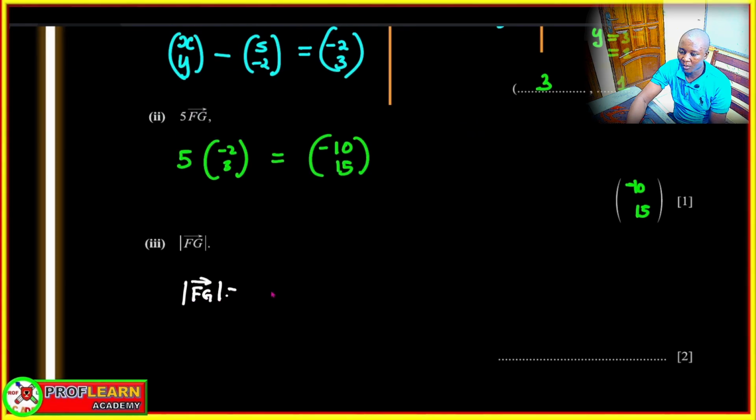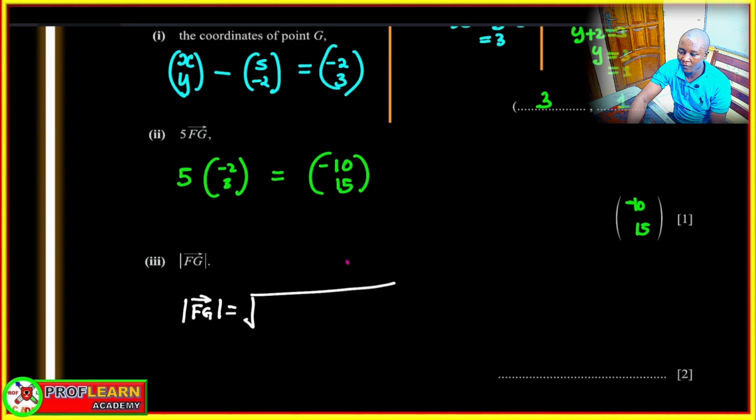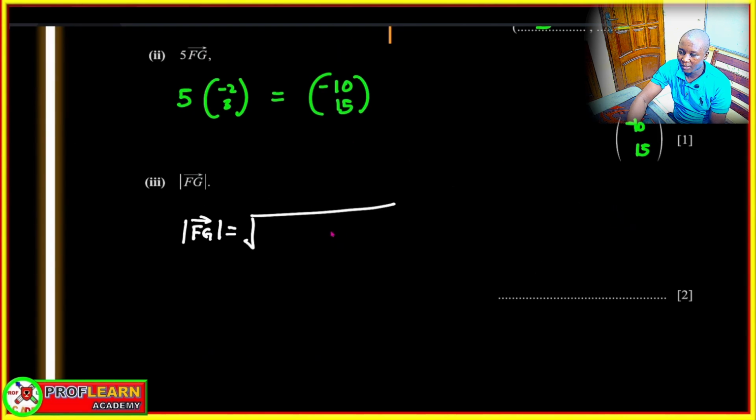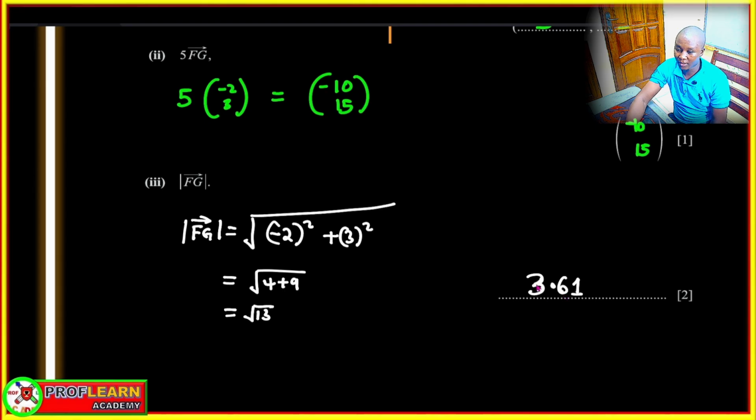So the modulus is going to be the square root of (-2) squared plus 3 squared, and then we find the square root, which translates to root 13, which is around 3.61. So those are questions to do with vectors.